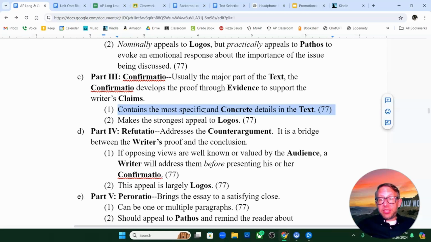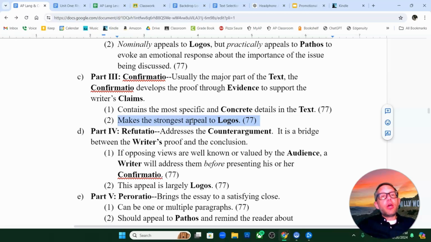So you're going to be specific and concrete as much as possible. If you're trying to argue for a change in policy of some sort, then you're going to say, well, we would do this, that, and the other thing, because it would have this advantageous outcome and that advantageous outcome and that advantageous outcome. So concrete and specific, and obviously logos is going to be a big factor in that as well.